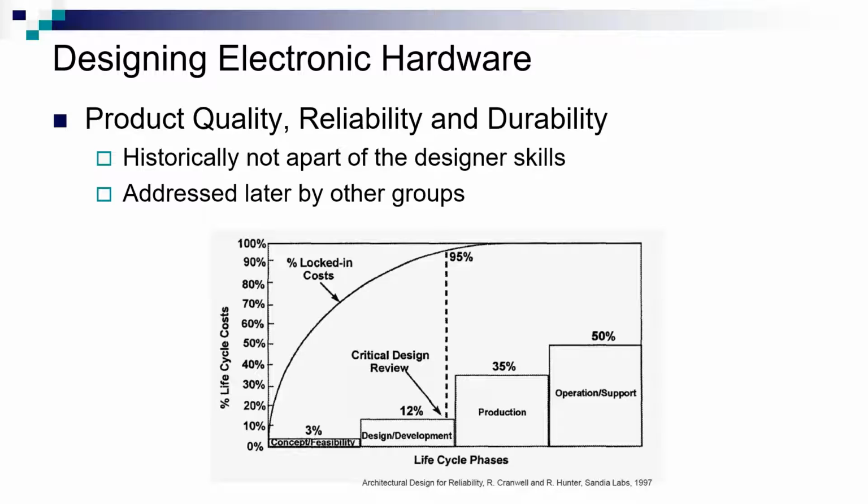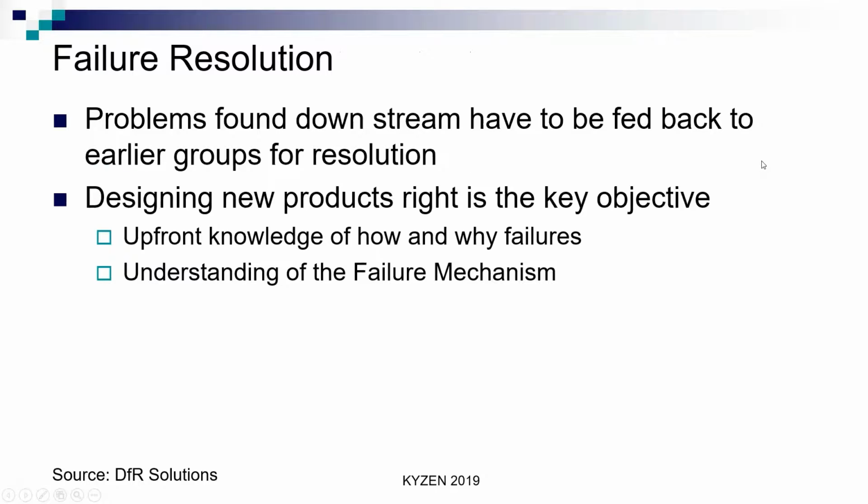Today we're going to talk about different areas where the complexities of electronic circuits have arisen, and some of the things you can do at your site to look at these designs early in the process and understand them better. If we look at failure resolution, the problems found downstream have to be fed back to earlier groups for resolution.